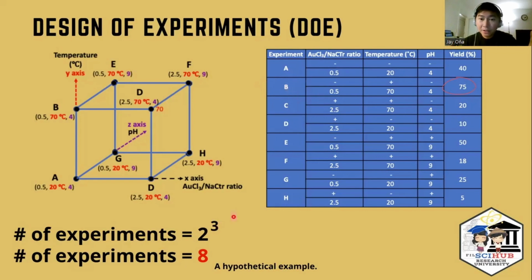So here we have only done 8 experiments, and we have already narrowed down the ideal conditions with this certain condition here: 0.5 at 70 degrees Celsius and pH 4.